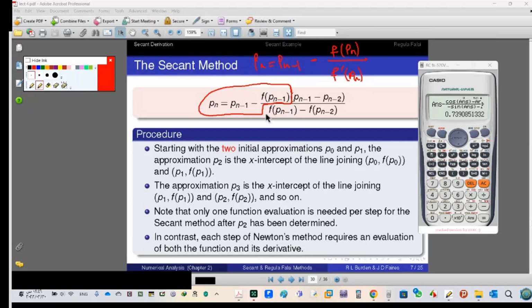See here we are using f prime. f prime here is the slope of a line. So if I write for this line delta y over delta x, that gives me f prime. Correct, Abu Saeed? f prime is delta y over delta x, correct? Do you think it's correct?